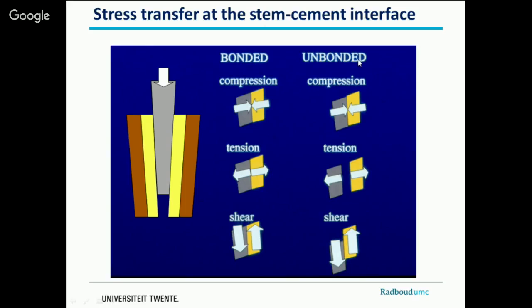In the unbonded condition, you can have compression, but you cannot have tension because the gap just opens up if there is tension, so there is no tension. And there is some shear depending on the friction, because even the polished surface has some friction coefficient.